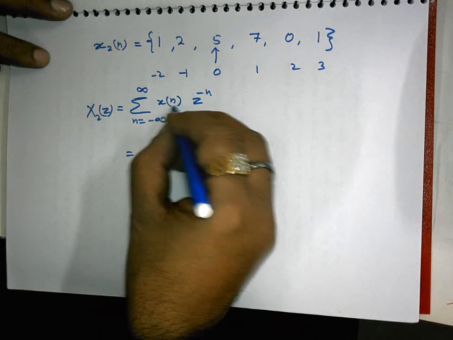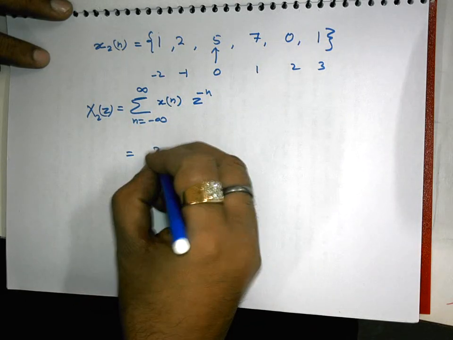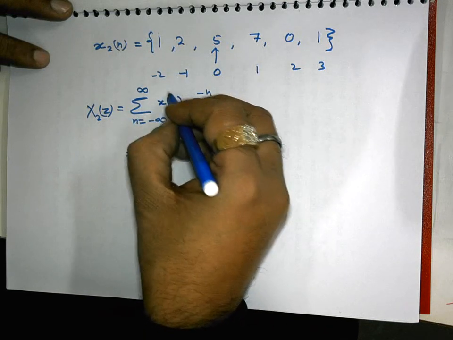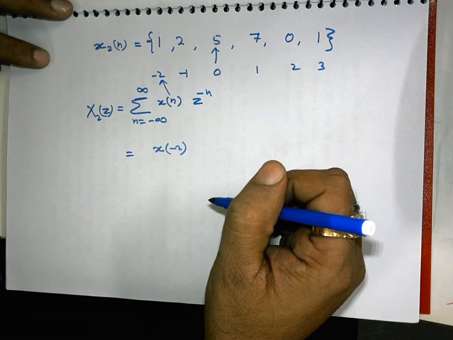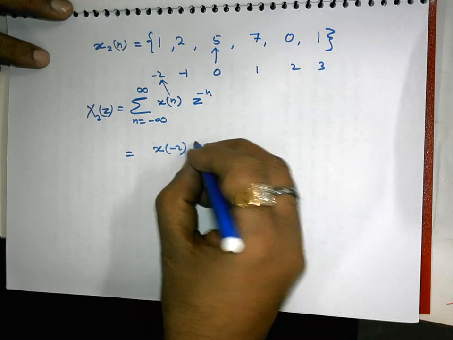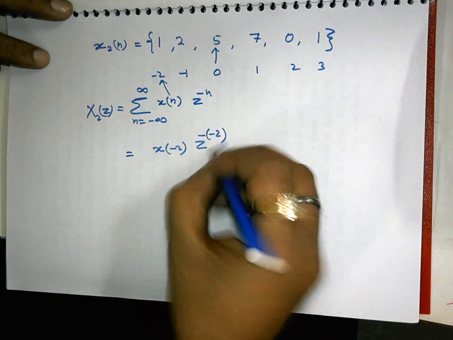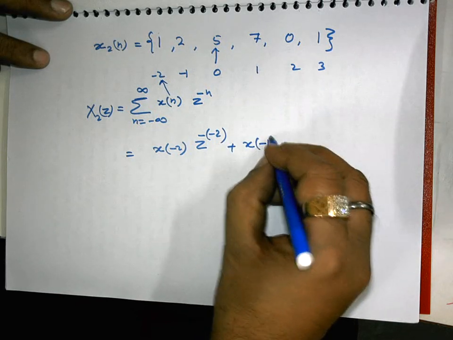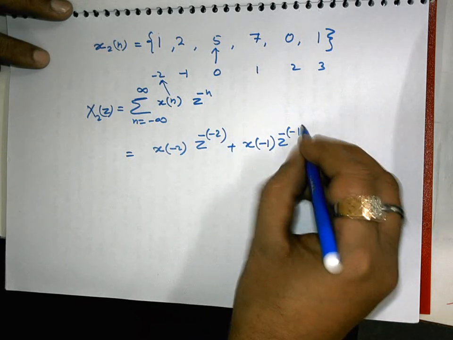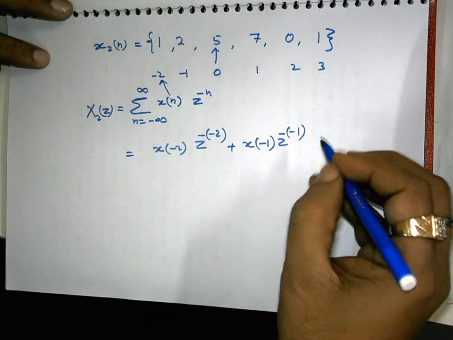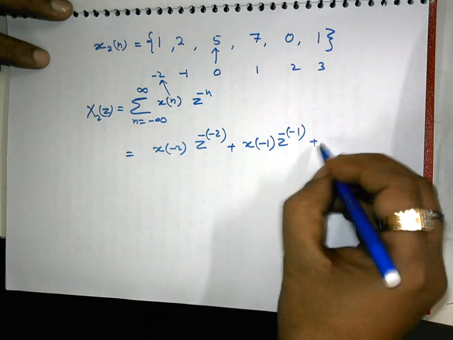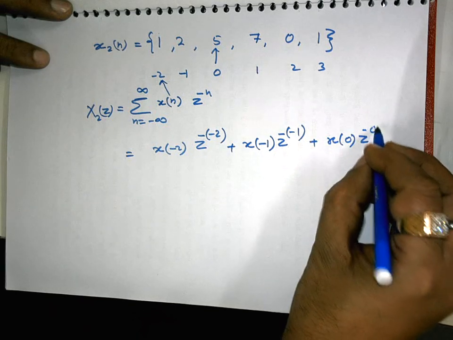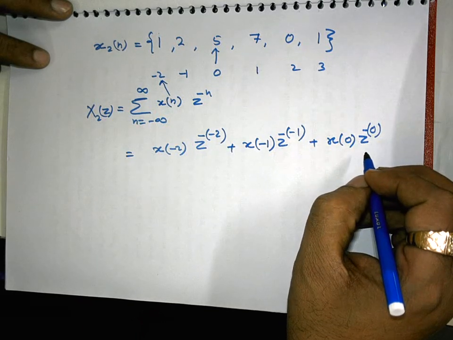So what are the various values of x[n] here? x[-2], because a value of x[n] is available at n is equal to -2. x[-2] z to the power 2, plus x[-1] z to the power 1, plus x[0] z to the power 0.